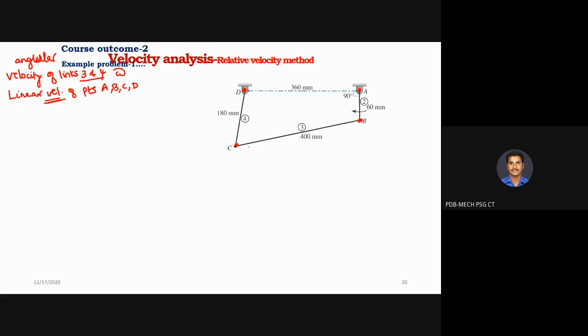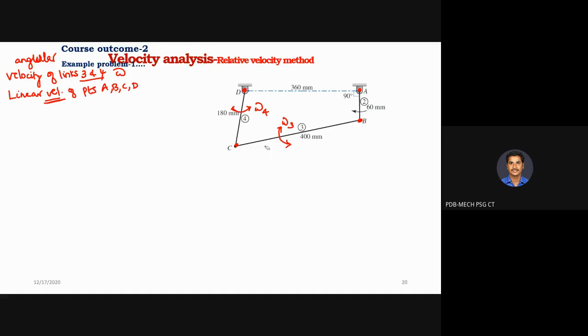But angular velocity throughout the link is going to be common. If you take the link, the complete link is going to rotate with some angular velocity, that is omega 3, because the link is 3. So let me denote it as omega 3. This is also omega 4. In the link, omega is not going to change, but the linear velocity, I will have at this location one velocity, at this location another velocity, and at this location a different magnitude of linear velocity.